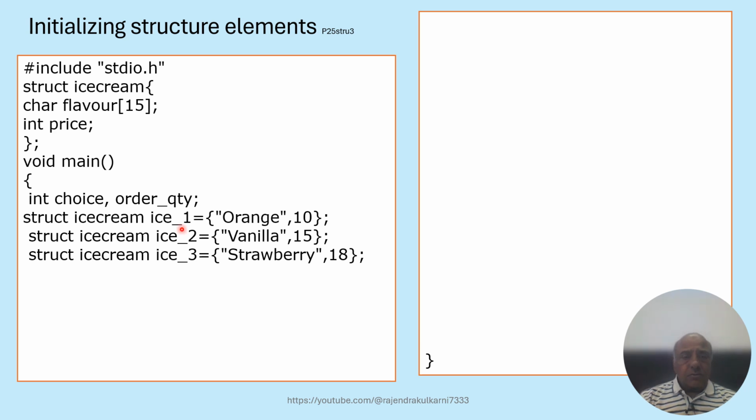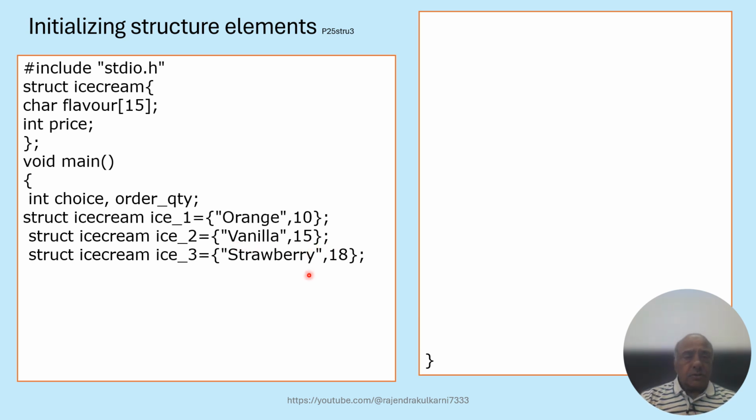So this is how we have declared a variable of struct ice cream, and we have also initialized that element with the data which we require and whatever is available in the struct ice cream.